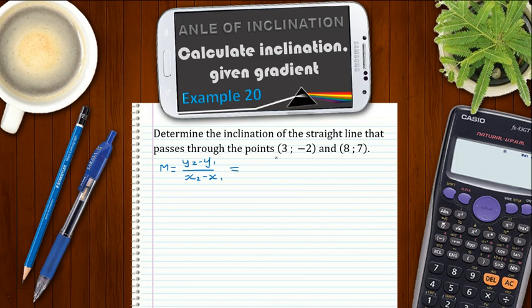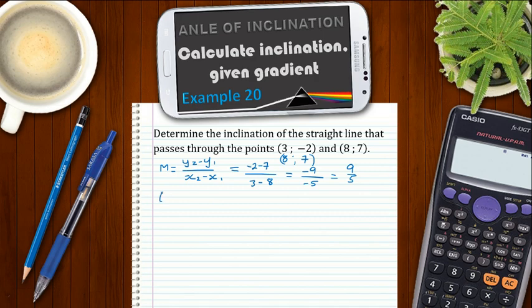So substituting in my values, I like to write them underneath each other. So this will give me minus 2 minus 7 over 3 minus 8. And this gives me negative 9 over negative 5. And this is then 9 over 5.